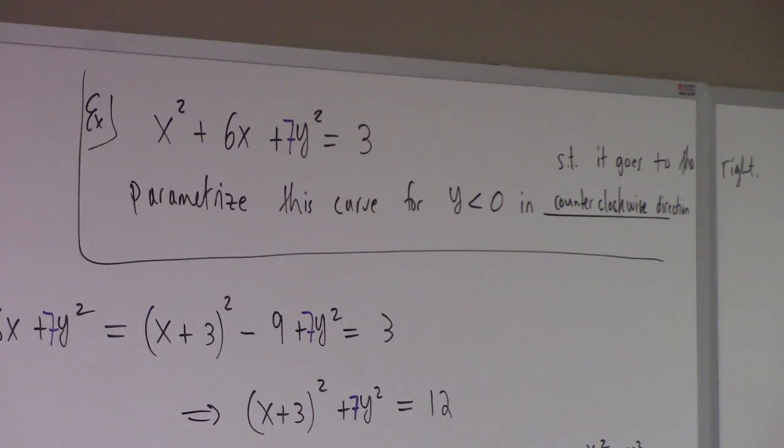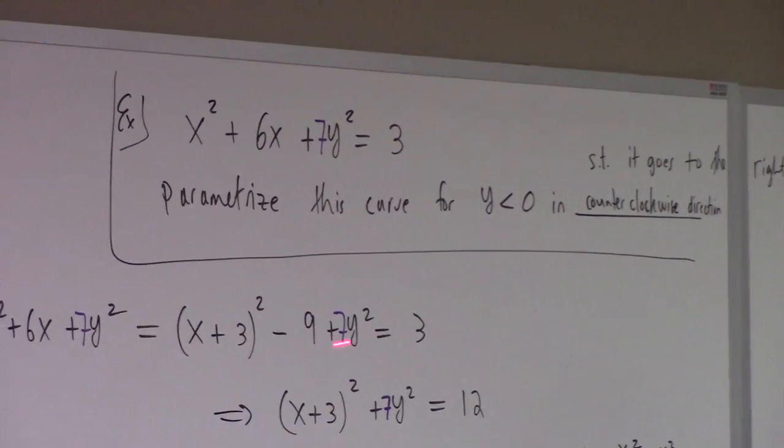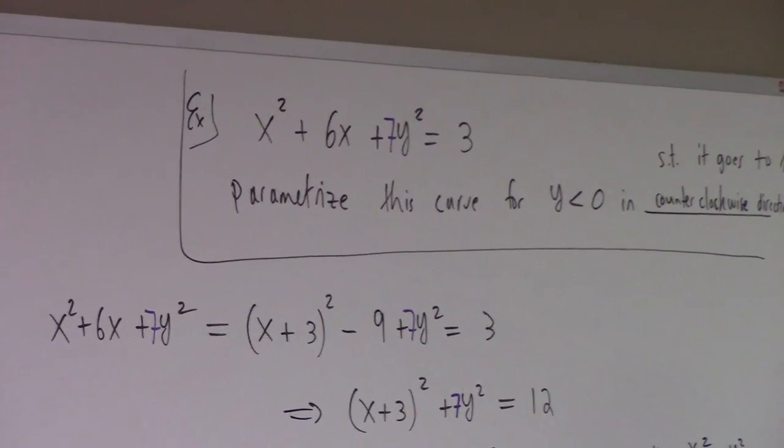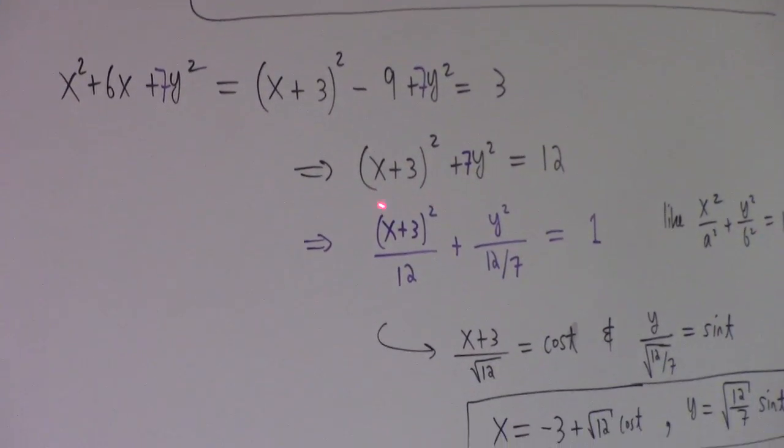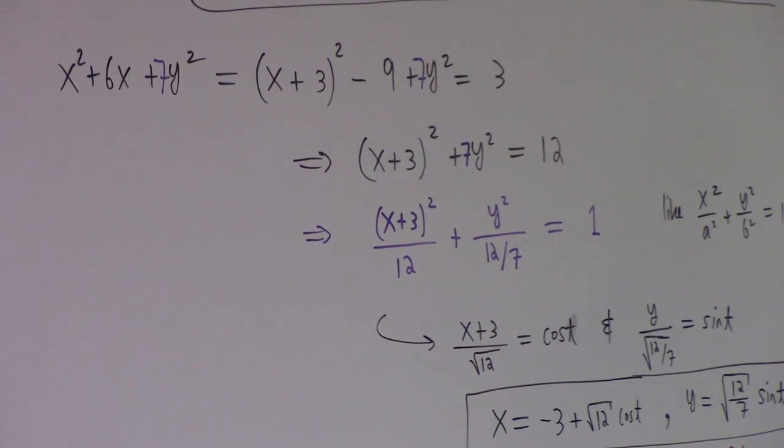So the first thing I'm going to do in a problem like this is complete the square so that the true nature of the conic section can be revealed. Completing the square shows me proof positive. In fact, this is an ellipse. It's shifted, right? Its center is (-3, 0), but it's an ellipse. And so I divide by 12 to get 1 here.